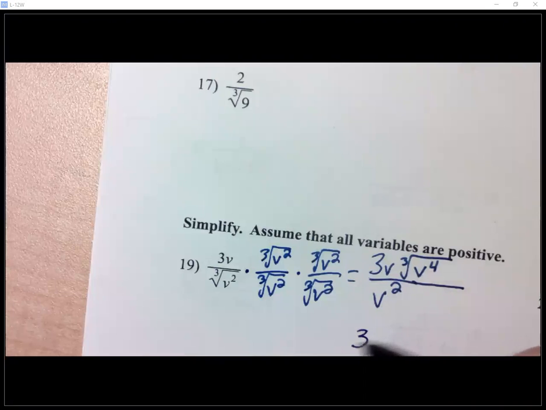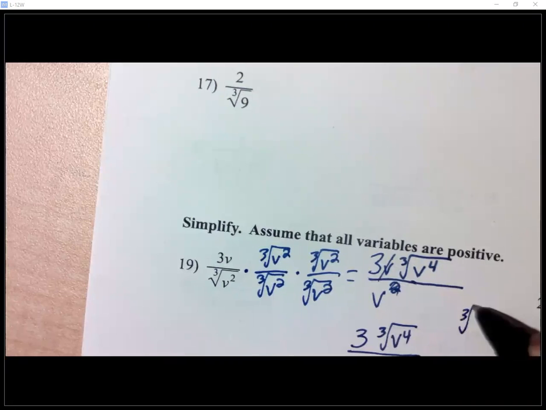So 3 cube root of v to the 4th over v, because I'm canceling those two with each other. I can simplify this too, right? I have to split it up though, so I'm going to do some work over on the side. So that becomes cube root of v to the 3rd times cube root of v to the 1st. So I get v times cube root of v.